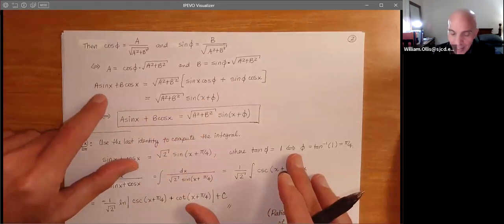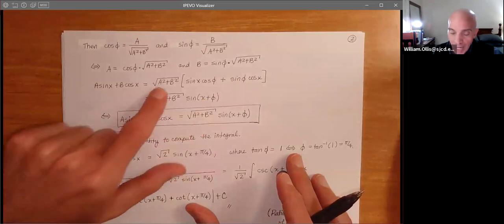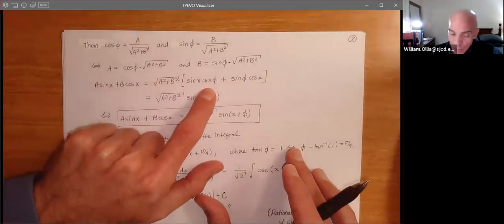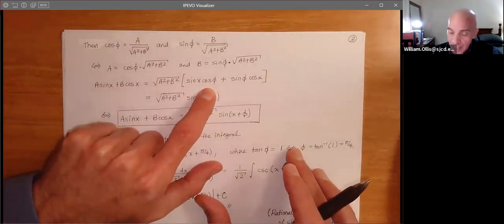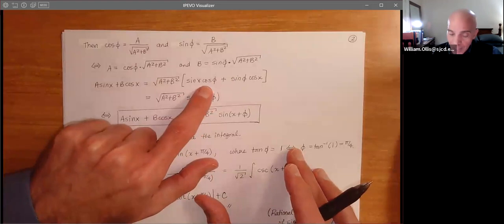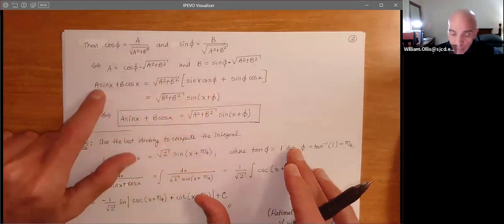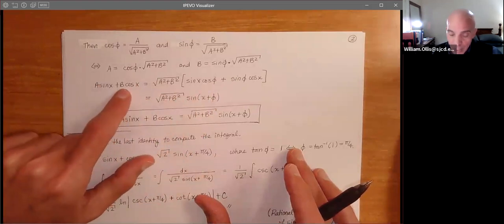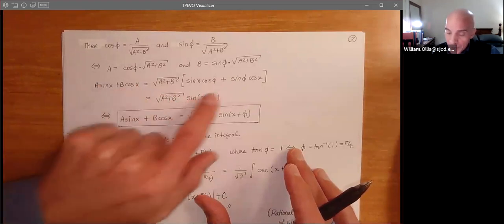So a sine x plus b cosine x will now just be the square root of a squared plus b squared times sine x times cosine phi plus cosine x times sine phi, because now what you can see is that we have replaced, in this particular case, the a with the cosine term. And then, of course, here we replace the b with the sine term.